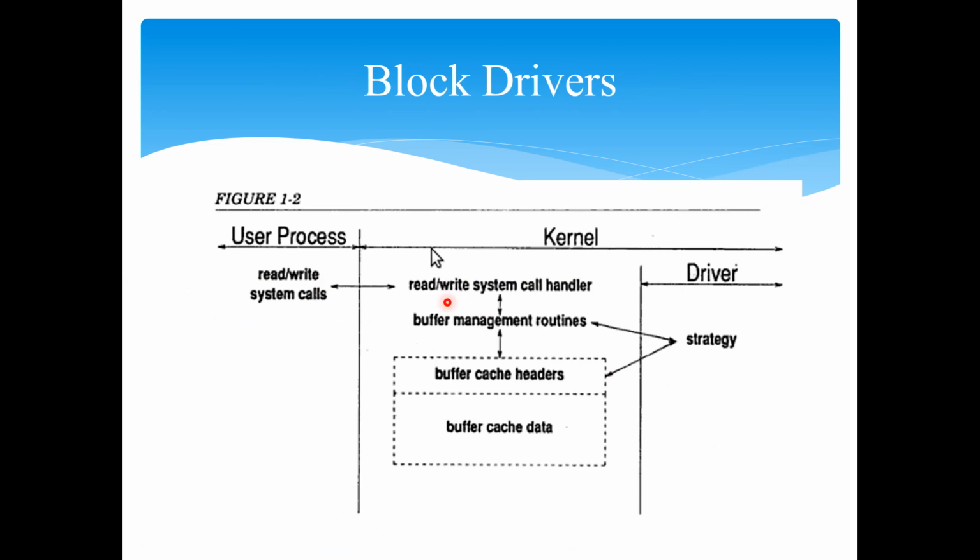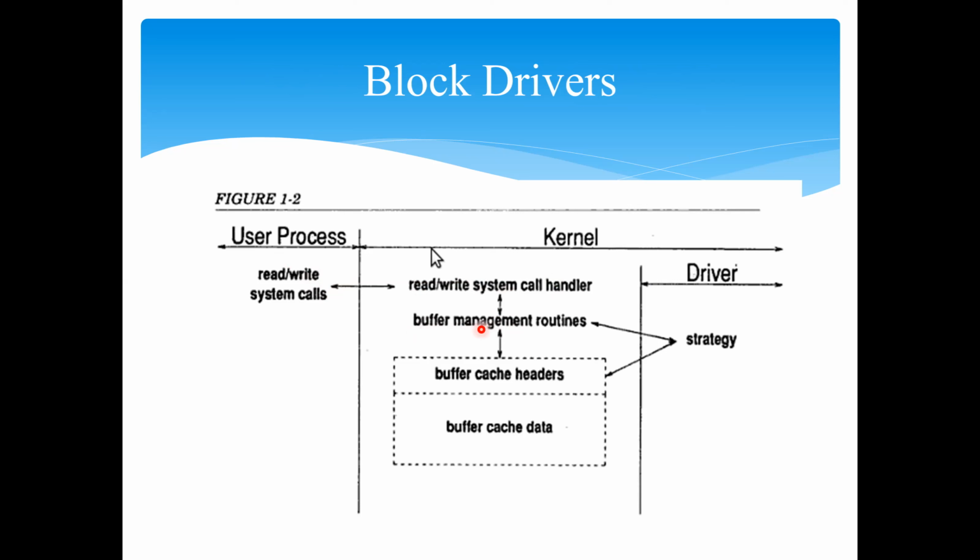The OS will have a system call handler, and you also have something called buffer management routines. So when you get a read or write request from a user process, that request will be transferred to your system call handler, which in turn transfers it to the various buffer management routines.